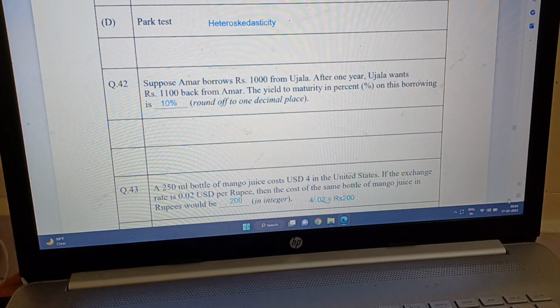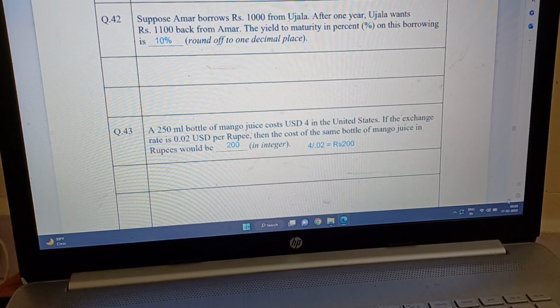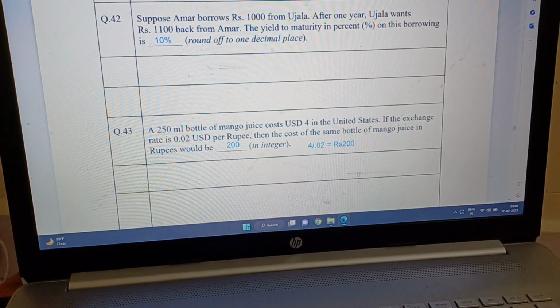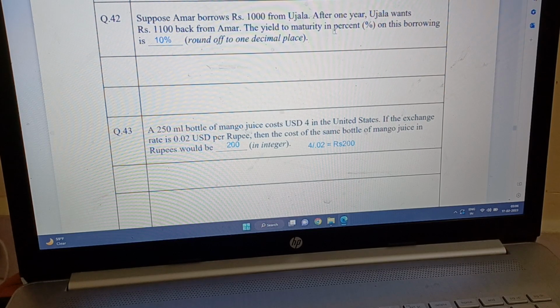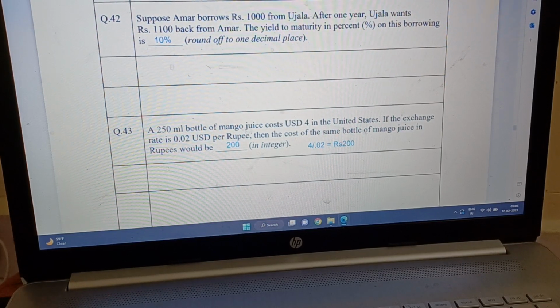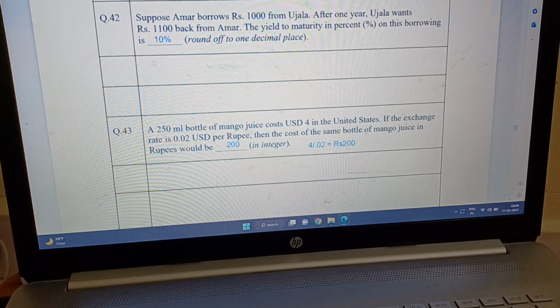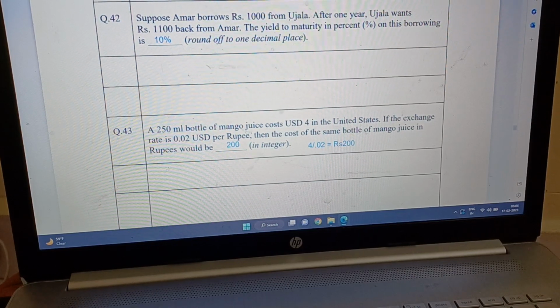Well, now the next question is, suppose Amar borrows rupees 1000 from Ujala. After 1 year, Ujala wants rupees 1100 back from Amar. So Ujala wants 100 rupees more on 1000. The yield to maturity in percentage on this borrowing is, of course, 10. It is equal to 100 rupees on 1000.